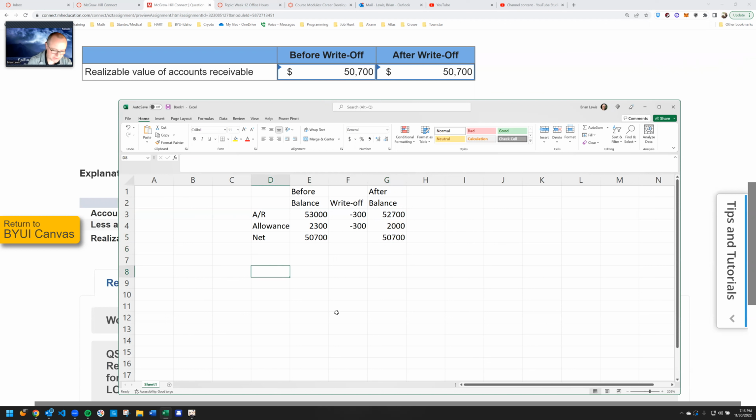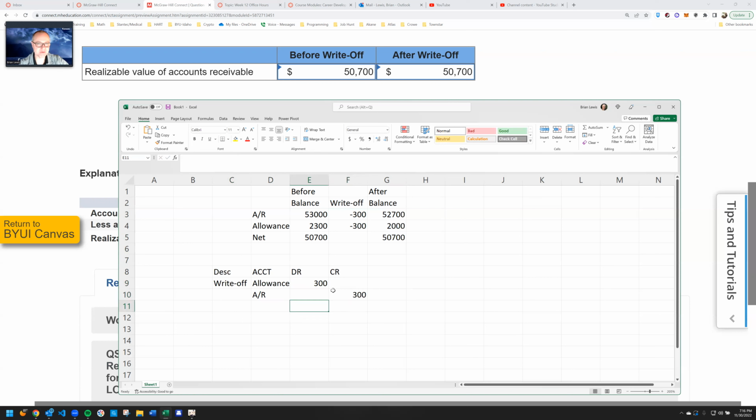Now the journal entry ends up being something more like your account, your debit, and your credit, right? And let's call this a description. So write off, and you're going to go from the allowance and then your AR. These are your two accounts. So you're going to debit the 300 here and you're going to credit the 300 there.